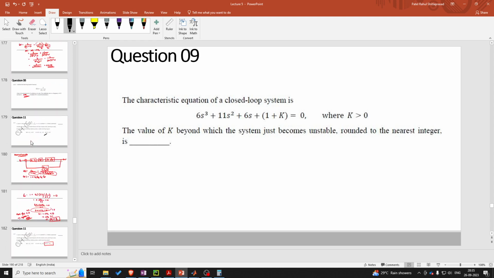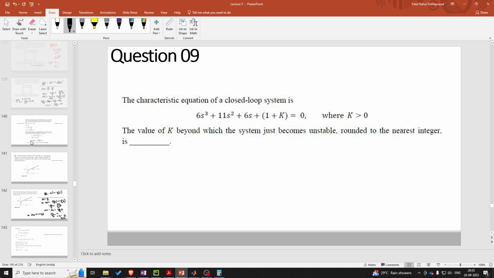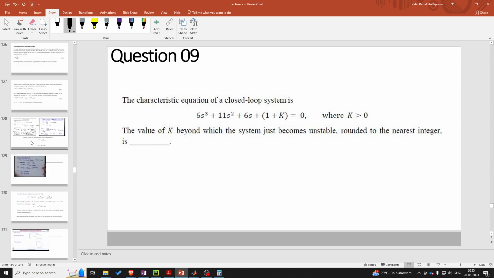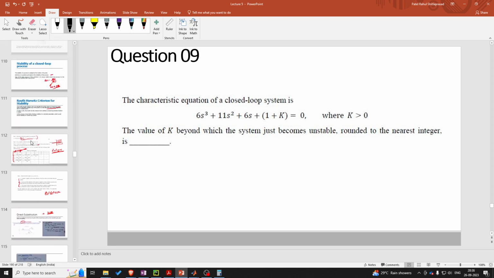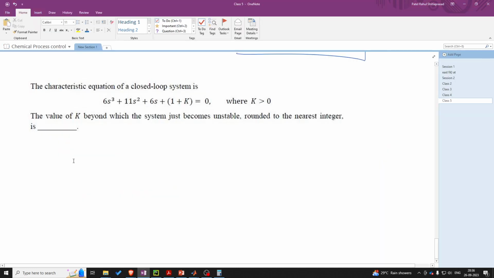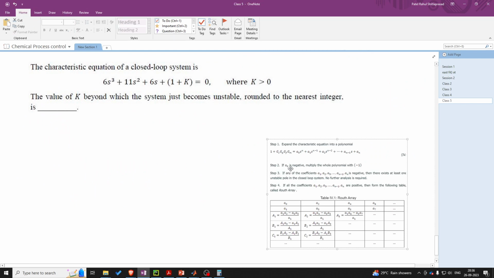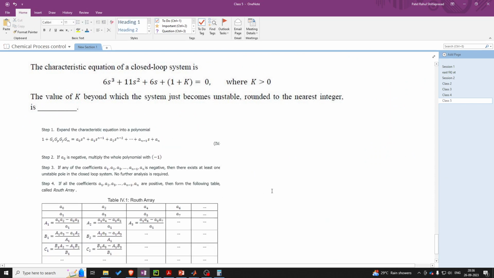But over here, where are my notes? So yes, in this question we have been given the characteristic equation given by this equation, and we have to find the range of k beyond which the system becomes unstable.